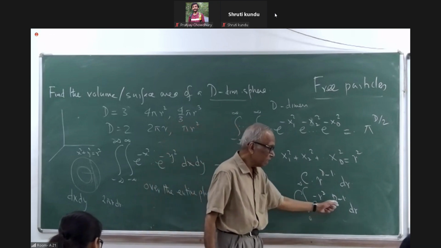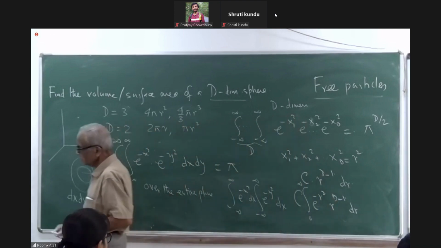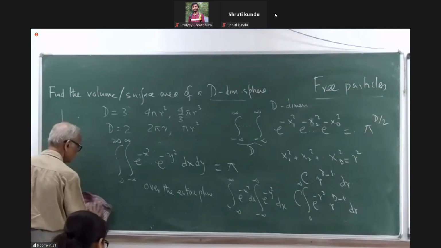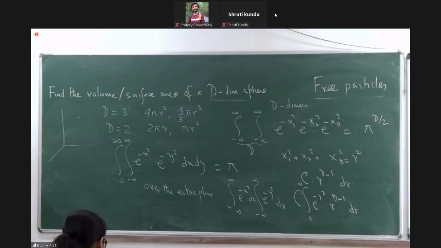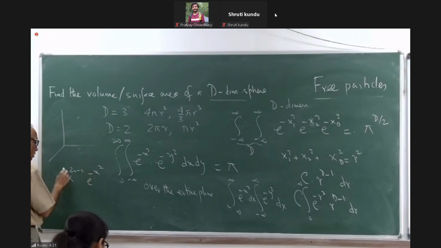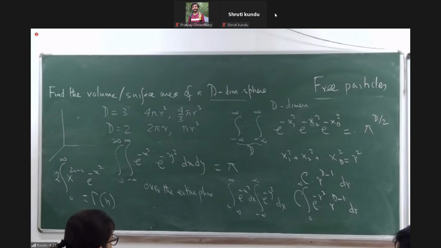But this is the gamma function, right? So the gamma function: 2 times the integral from 0 to infinity of x to the power 2n minus 1 e to the power minus x squared dx is equal to gamma of n. Right? So that's the definition of the gamma function.